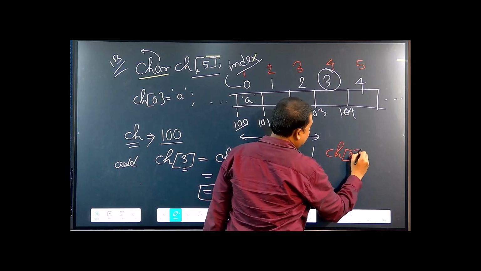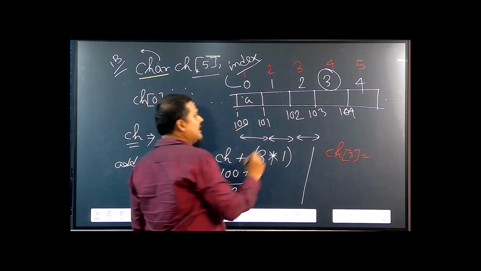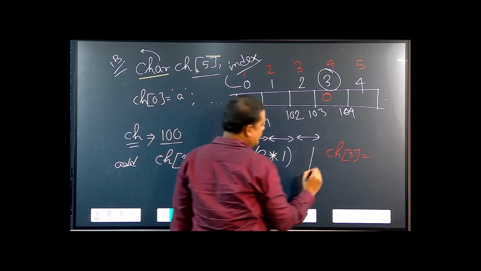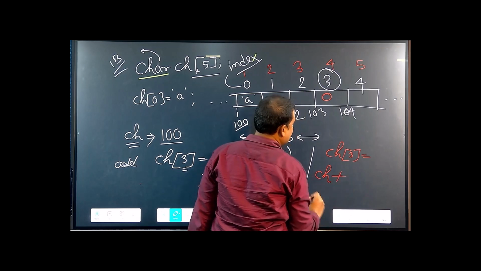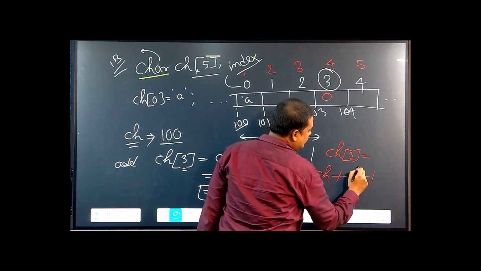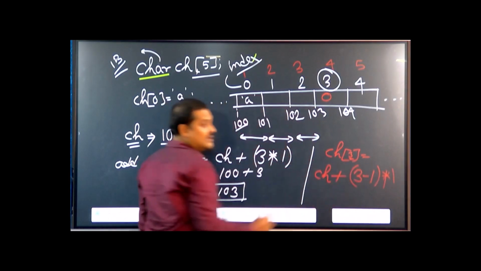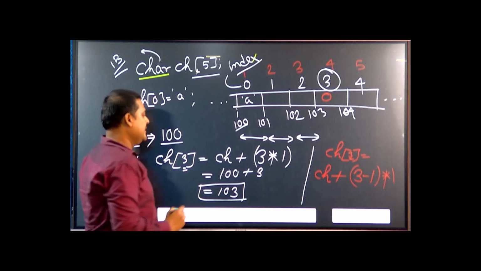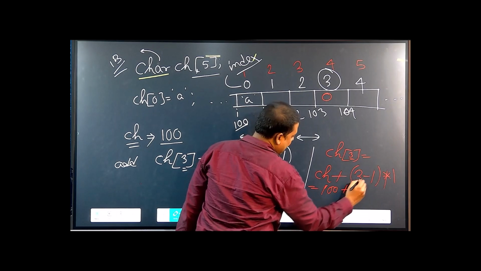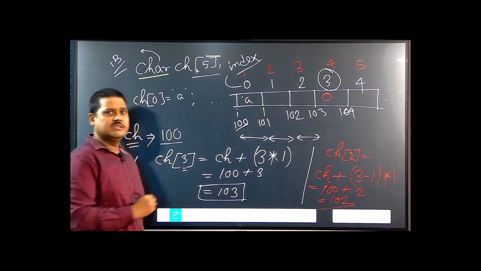It will be ch plus 3 minus 1, into the size of the character. So, ch equals 100 plus 2, that is 102.